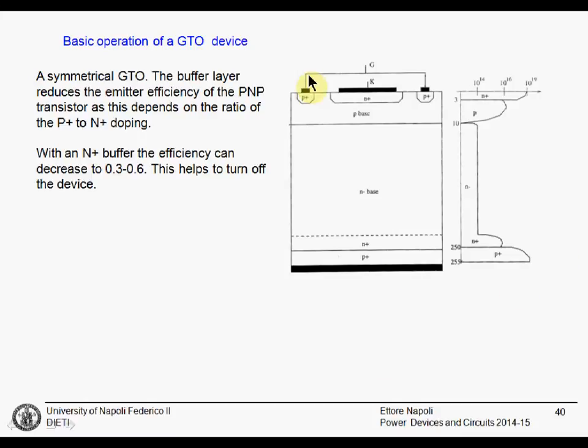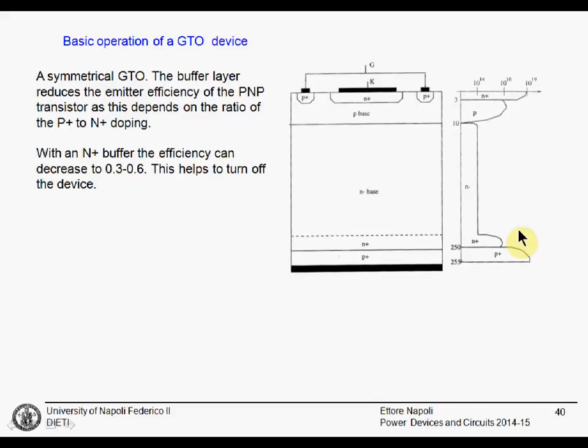Let's now focus on this GTO device, schematically shown here. N plus cathode, base P diffusion, N minus drift region, buffer layer N. Then we have the P plus anode contact. For the PNP transistor, the emitter efficiency depends on this P plus to N doping.